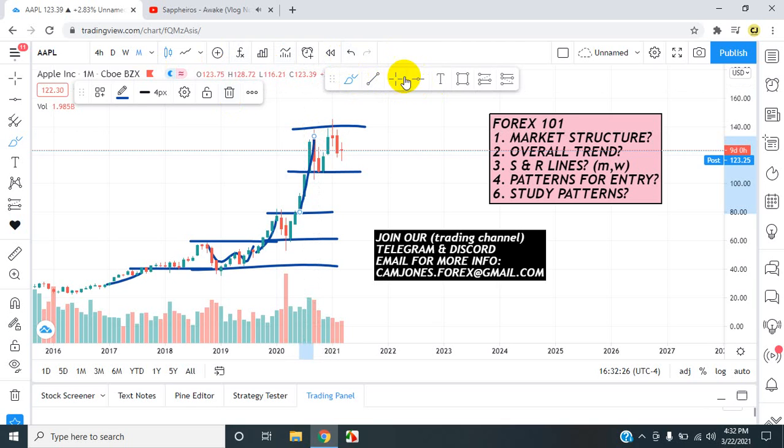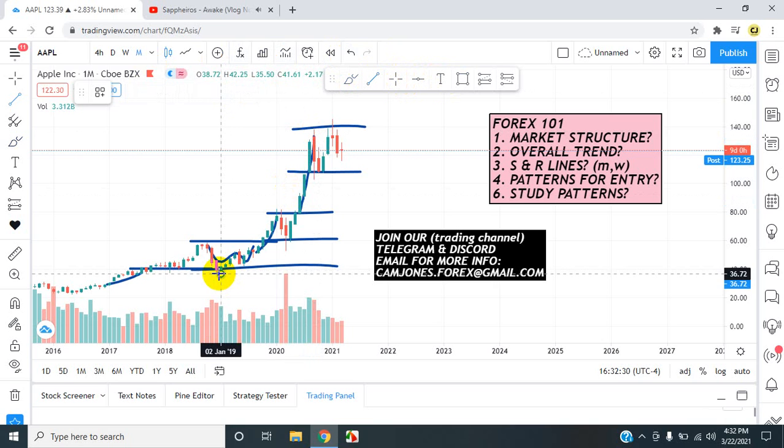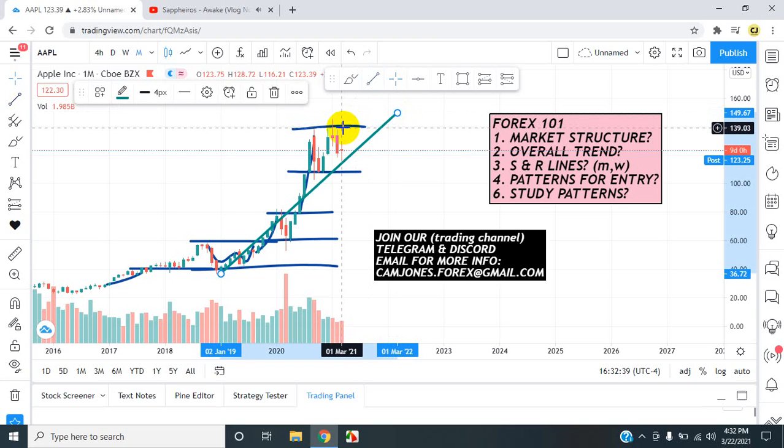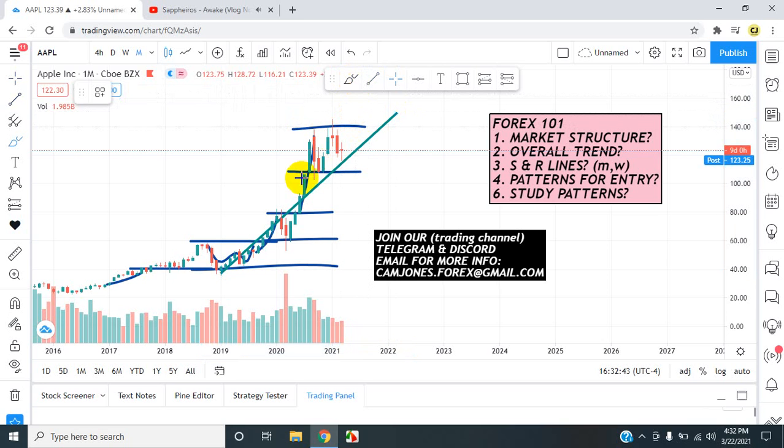So I'm going to draw my uptrend line. So let's say it's a double bottom. When we see a double bottom, we know the market probably will push up. So this can be the first leg right here. This can be the second leg. This can be the third leg, which we see that price respected our support and respected our trend line.